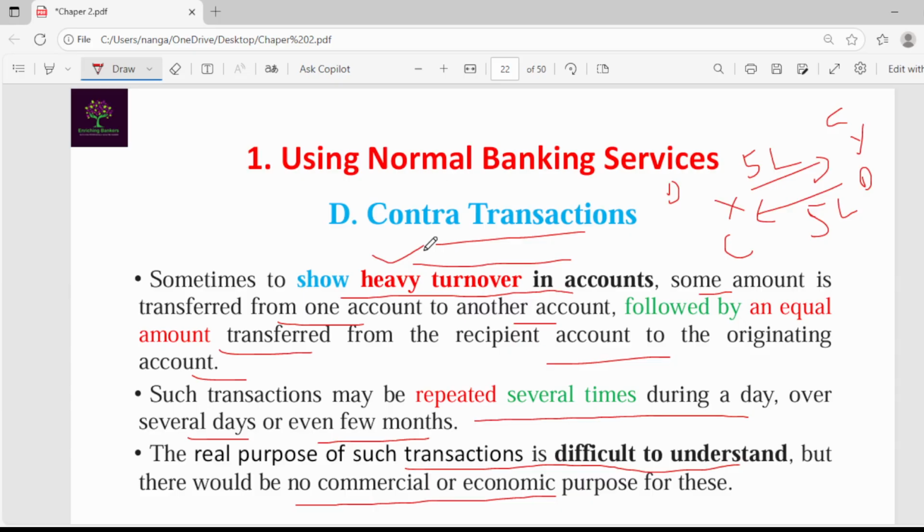Due to so many repeated transactions, even investigators get frustrated. So they want to hide their illegal activity and the source of illegal funds. For that purpose, to create confusion in the investigators' perspective, they do heavy turnover in those accounts.